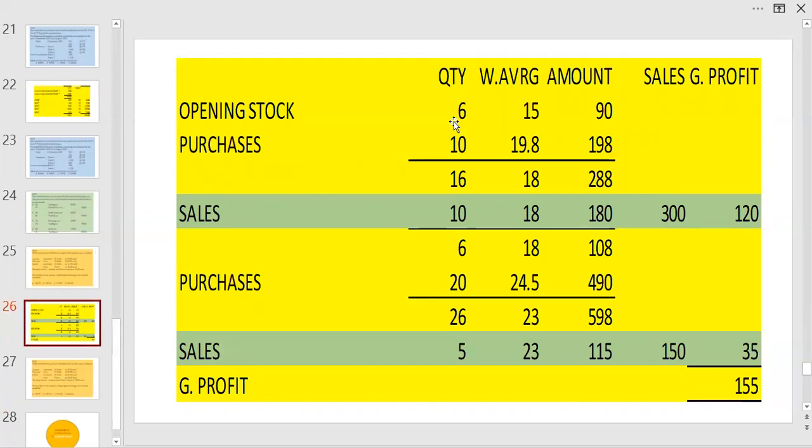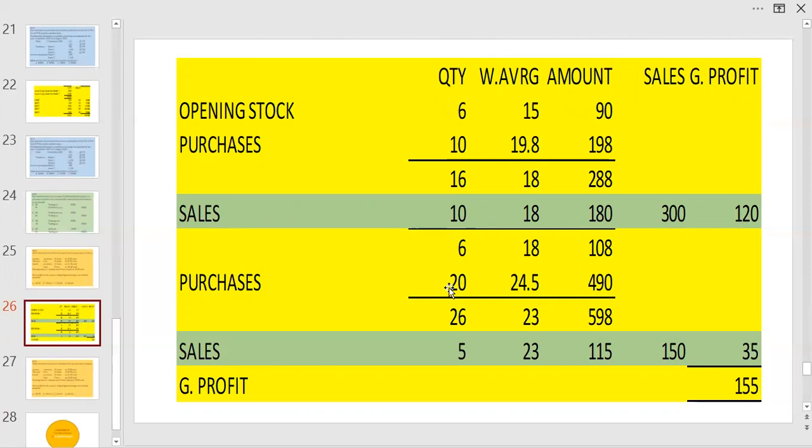Look at this working. Opening stock was at an average price of 15. Purchase of 10 units made at 19.8, giving a balance of 198. Total historical cost at that point is 288 divided by quantity 16 gives us a new average price of 18. Since a sale was made at that point, that average price is used, giving a cost of sale of 180, thereby giving a gross profit of 120.